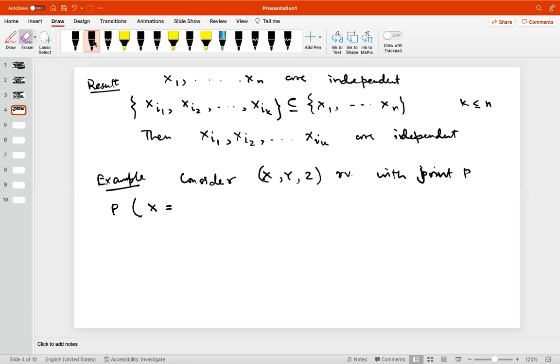This is a discrete random variable, joint PMF, probability mass function: probability of x equal to x, y equal to y, and z equal to z.